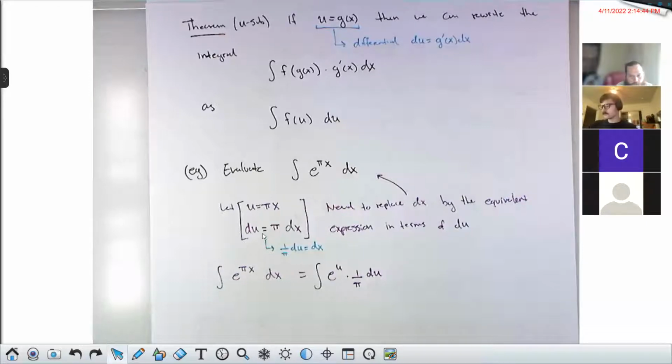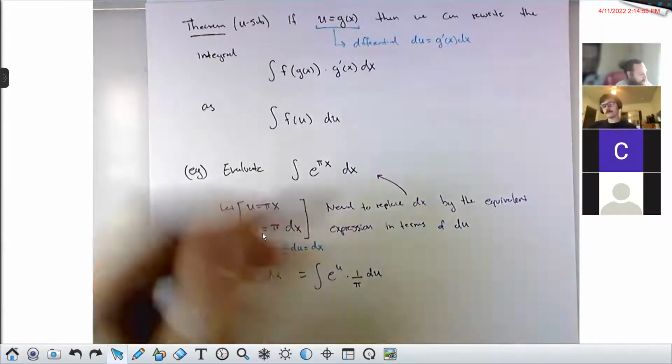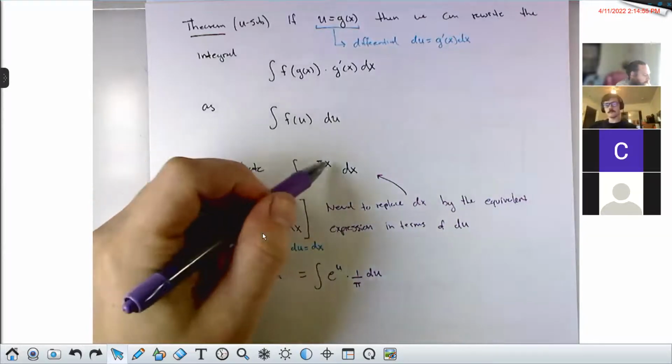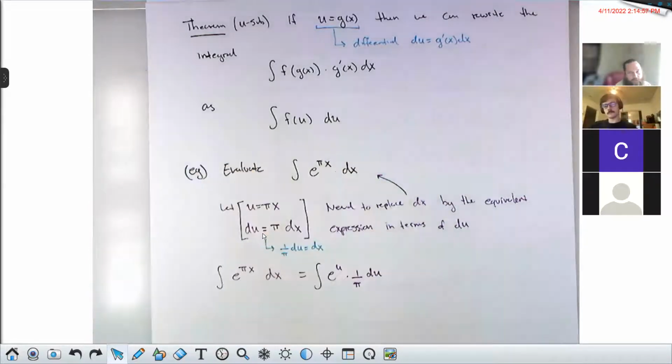So I get e to the u times 1 over pi du. And remember, the differential is always multiplying the whole integrand. So you should read this as the integral of e to the pi x times dx. The dx is multiplying everything there. So the 1 over pi du is multiplying everything here.